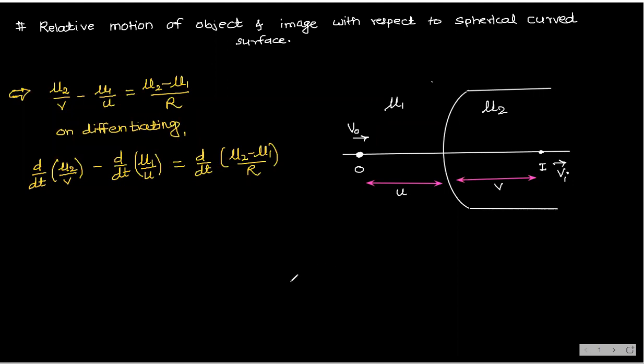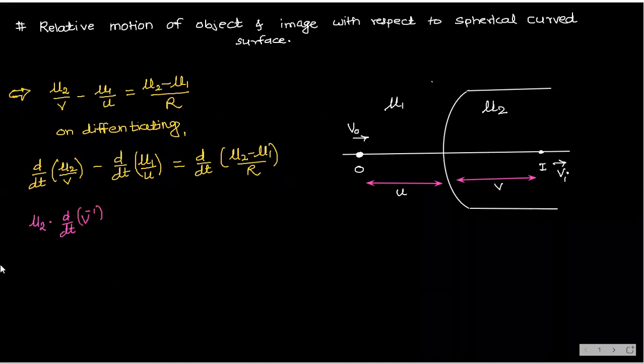Any doubt here? Please ask. Do you have any doubt till here? Yes, no, sir, clear. Now, after this, what I am doing, this mu2 is constant with respect to time. Agree with me? So that's why I am taking this mu2 outside and d/dt of v power minus 1.